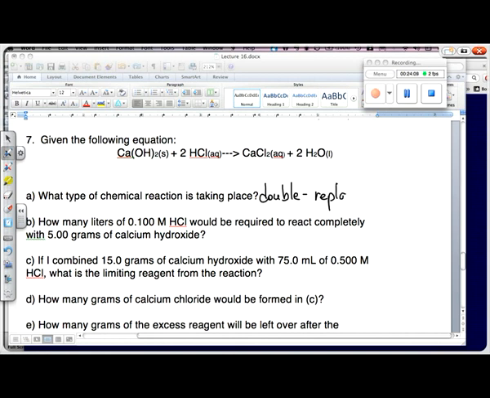An acid-base neutralization is another way to categorize it. Now this word neutralization is actually kind of an unfortunate term. What it really means is that when the reaction is completed, the moles of the acid equal the moles of the base. But it does not necessarily mean we're at a neutral pH. So in some ways it's an unfortunate term.